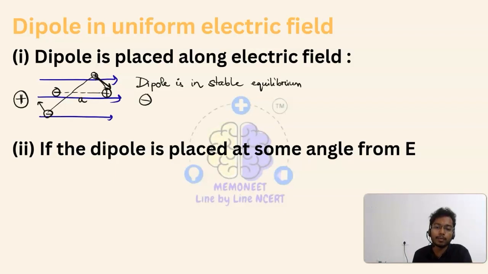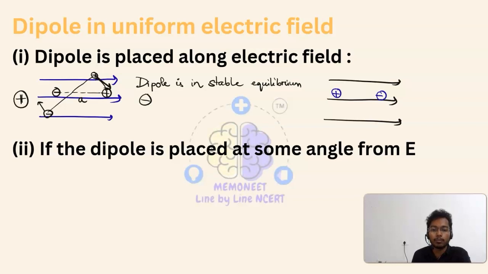Let's take another example. We have this uniform electric field, and here is the negative charge and here the positive charge. The electric field goes from the positive source to the negative source. When we make a small displacement of the negative charge, the positive charge will come here.